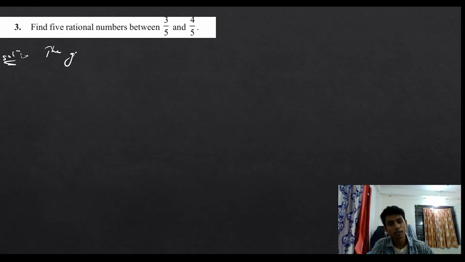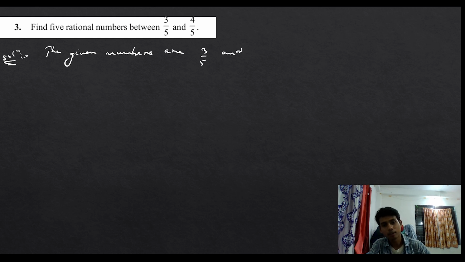The given numbers are 3 by 5 and 4 by 5, and we are asked to find 5 rational numbers.